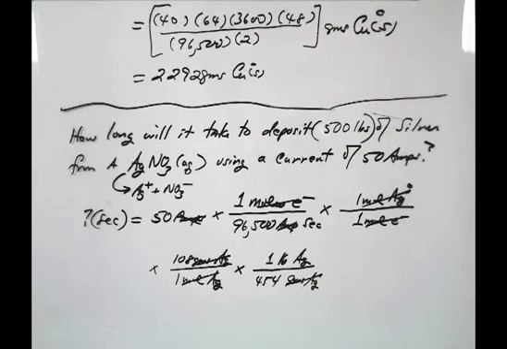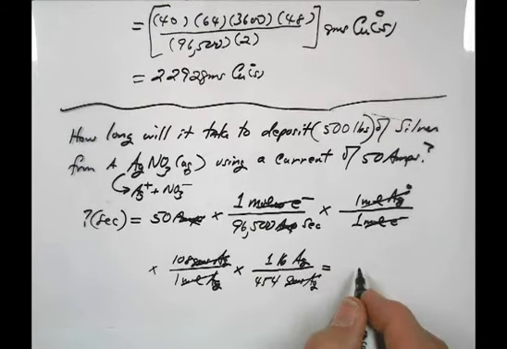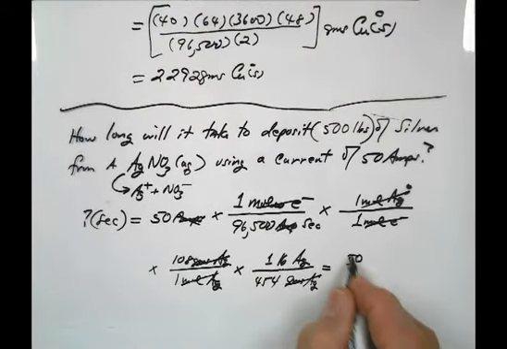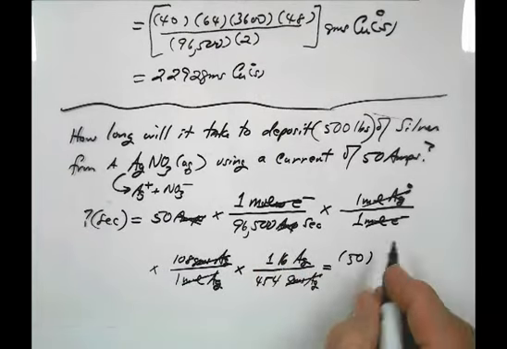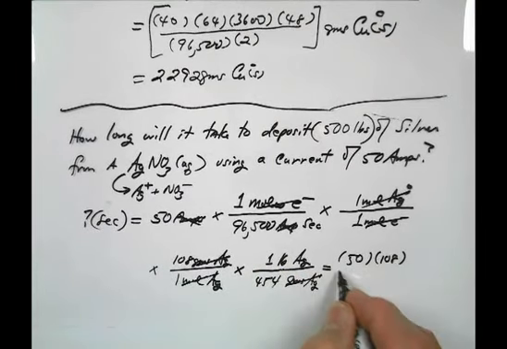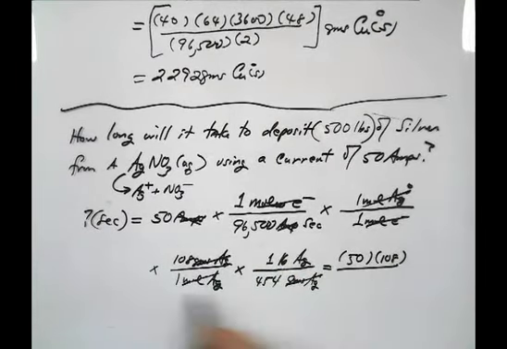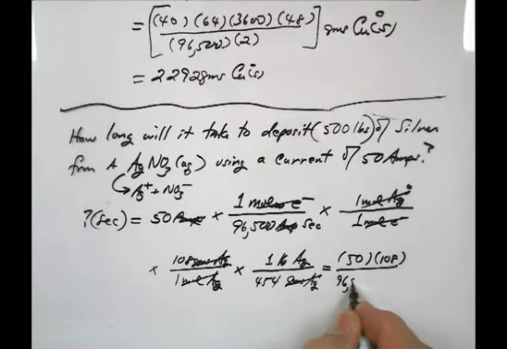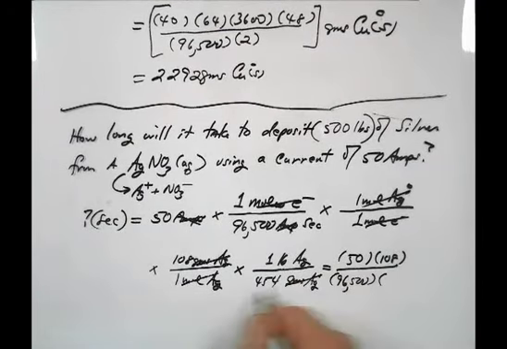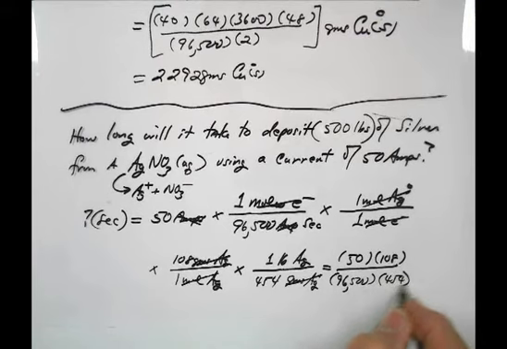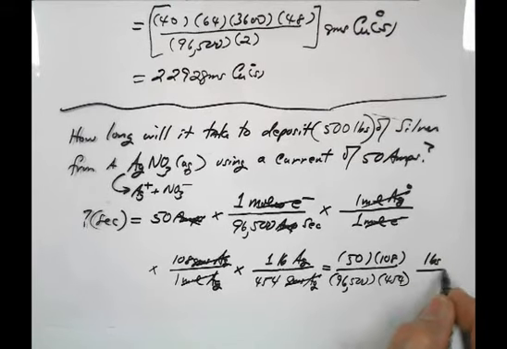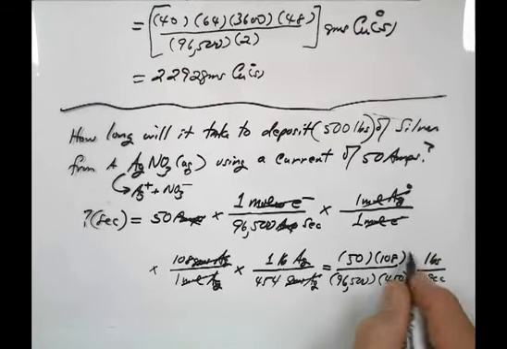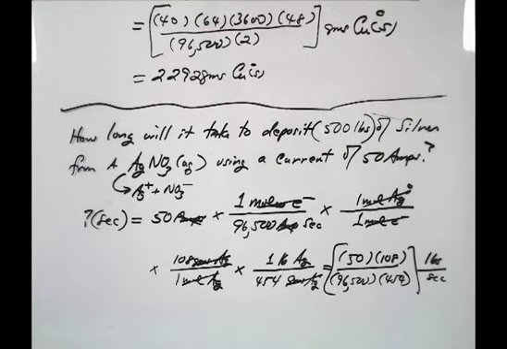Okay? So now I want to work this out. So I have 50 times 108 divided by 96,500, divided again by 454, pounds per second if you want to go that way. Okay?